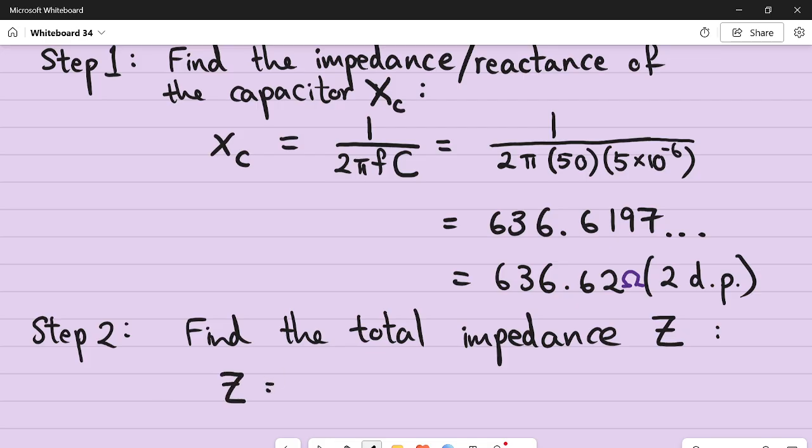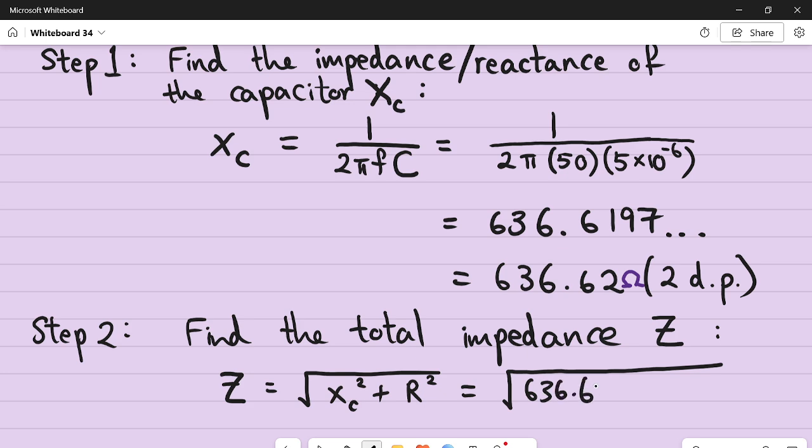Z is equal to the square root of XC squared plus R squared. So therefore, I put the numbers in now. So I put 636.62 squared plus, what's my R? R is 100 ohm. Yes.